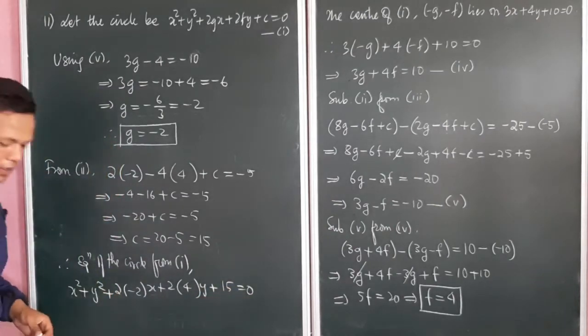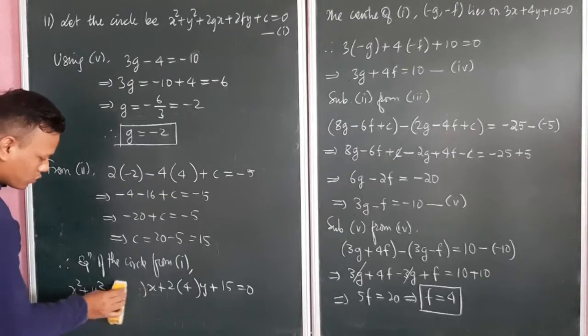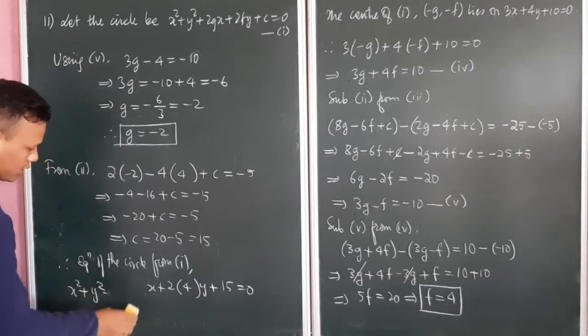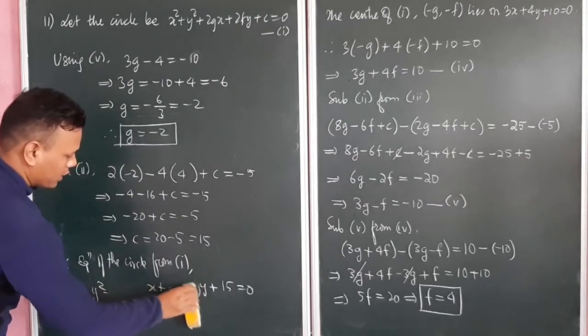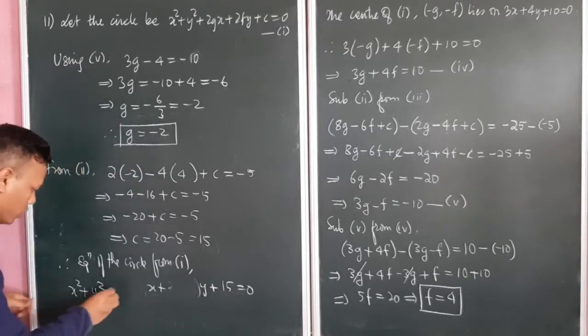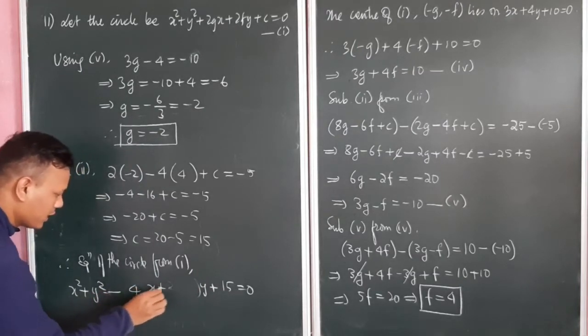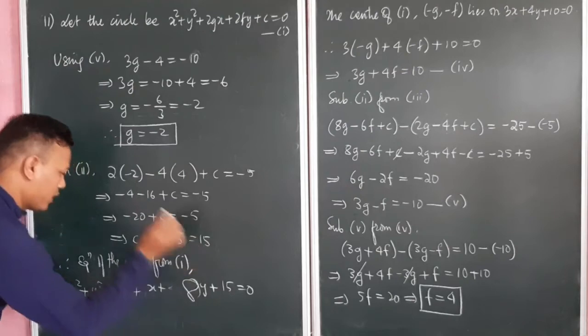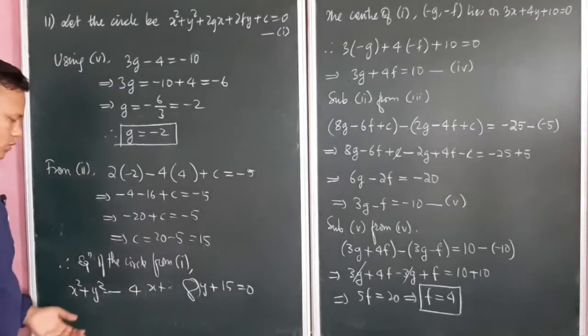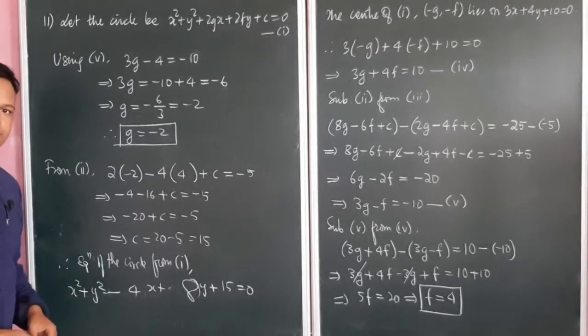So simplify this. When you simplify this, this will be equals to minus 4x and this becomes 8, right? So minus 4x and it becomes 8y plus 15 equals to 0. So pause the video to note down.